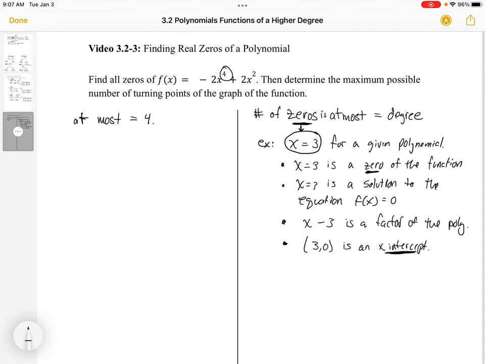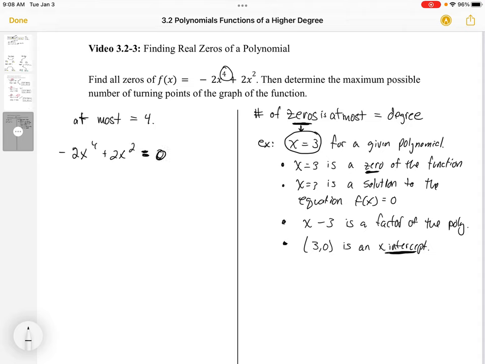So let's look at this example, and let's do the first part, which is asking us to find all of the zeros. We're going to start off by factoring this polynomial. Well, I'm going to set it equal to 0. That's actually step 1. Set it equal to 0.